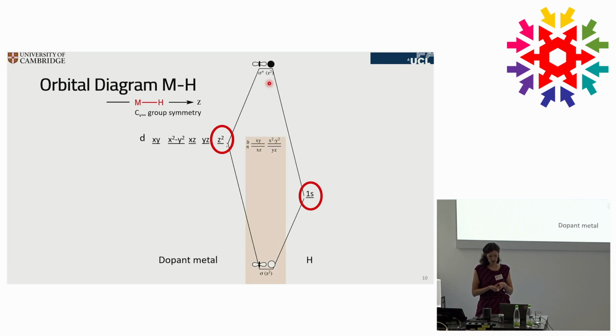So if we now look at the number of electrons we can put in these bonding and non-bonding orbitals, we see that we can put up to 10 electrons here before we start to populate an antibonding orbital, which would destabilize the adsorbate bond.